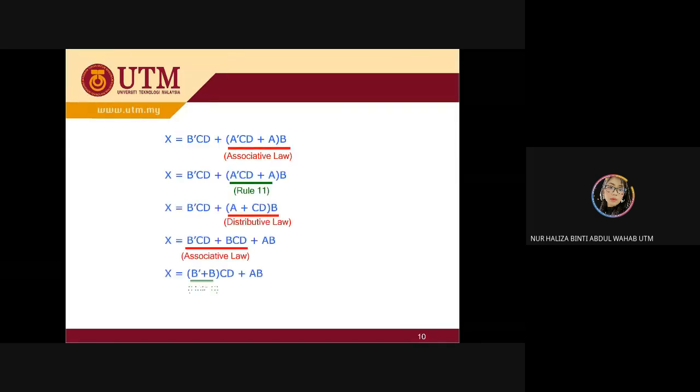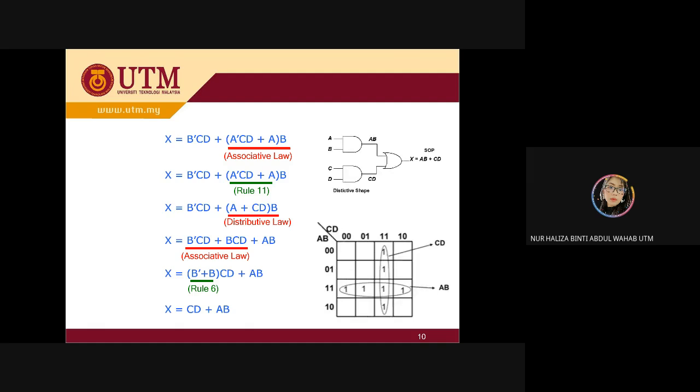Follow the steps. This one I don't want to discuss anymore, because we already learned in your module 4A last time: rules, laws, and also De Morgan theorem. So from the simplification, you can draw your AND OR logic circuit.